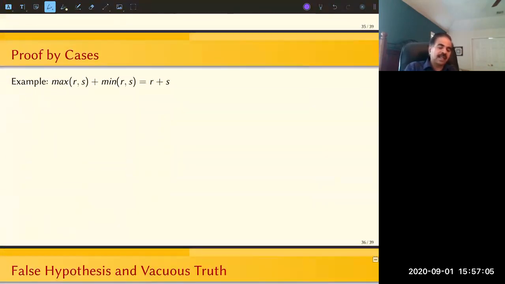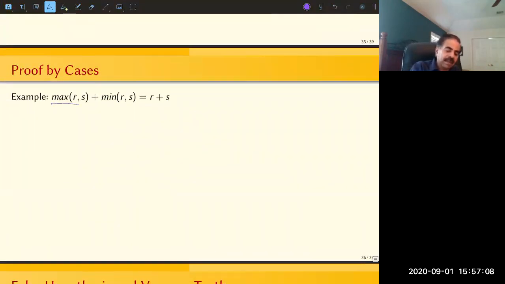So let's take an example, right? A very simple example. Max of R, S plus min of R, S equals R plus S, right? Can anyone tell me, just based on your intuition, what a proof by cases might look like here?